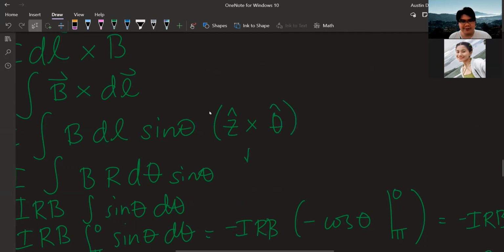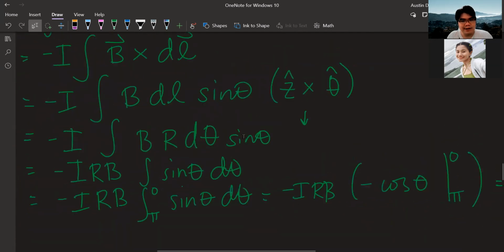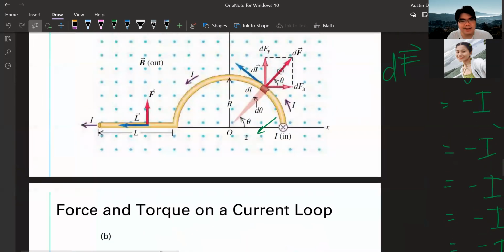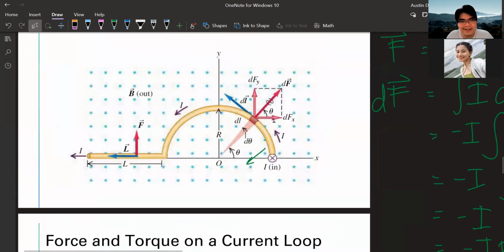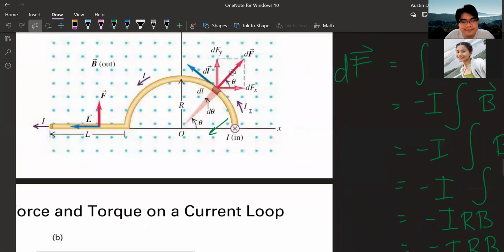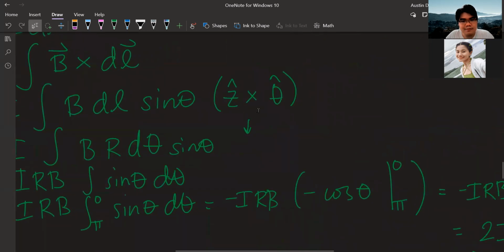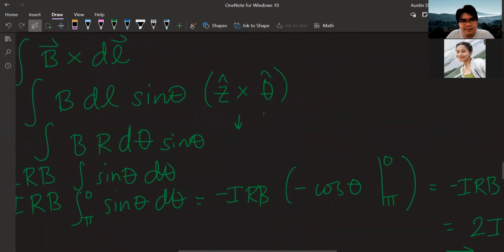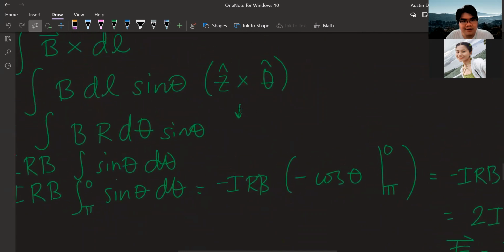Dito pala dapat mas appropriate. Okay. And then Z hat cross theta hat is just intense, no? Hindi pala to straightforward.